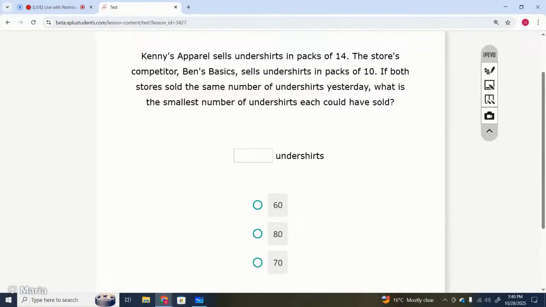Smallest number, 10 and 14. 70 is the answer, option number 2 is the correct option.